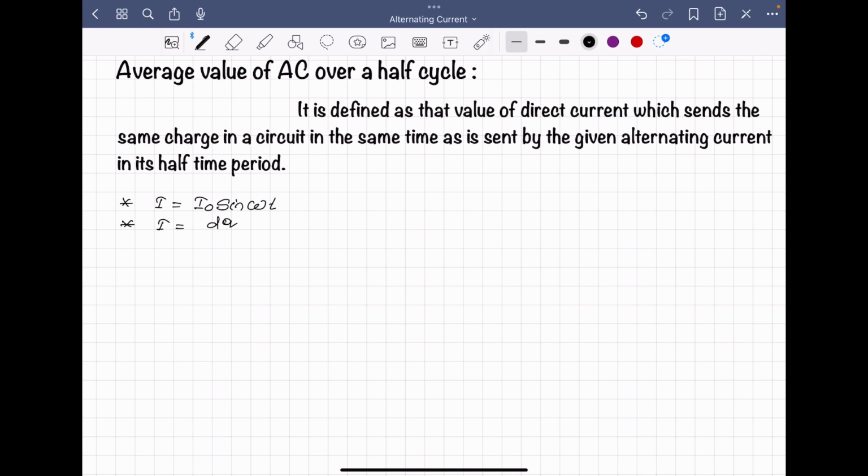Then I can be written as dq upon dt. As here we discuss the charge, the same charge, dq can be written as I dt. And then for a half cycle, we have to take the time limit from 0 to T by 2.